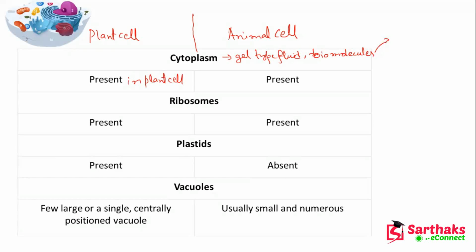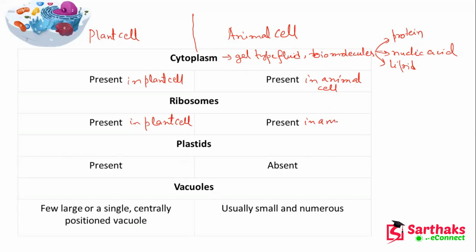It has protein, nucleic acid, and also lipid. This cytoplasm is present in the animal cell also. Now the ribosome is present in the plant cell, and also in the animal cell.